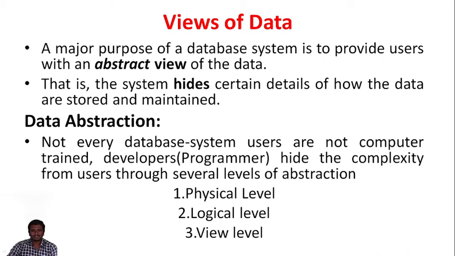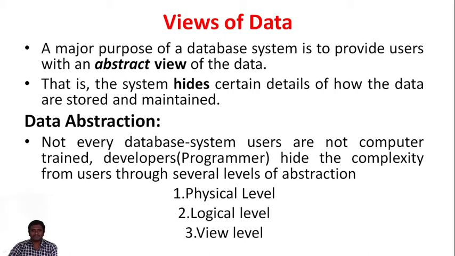Here we are going to discuss data abstraction. Not every database system user is a computer-trained person, so developers hide the complexity from the user through several levels of abstraction.